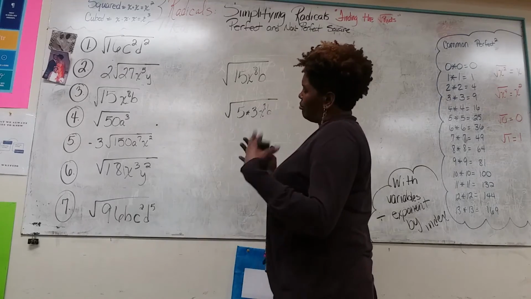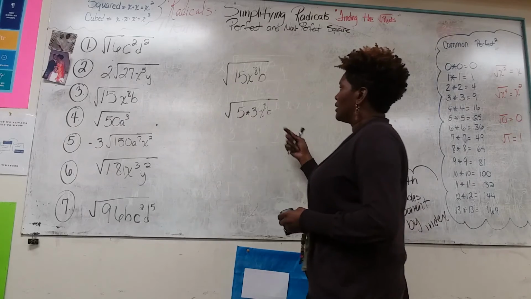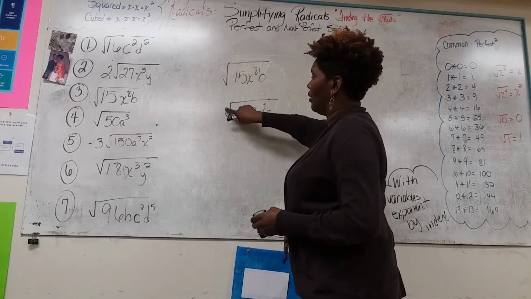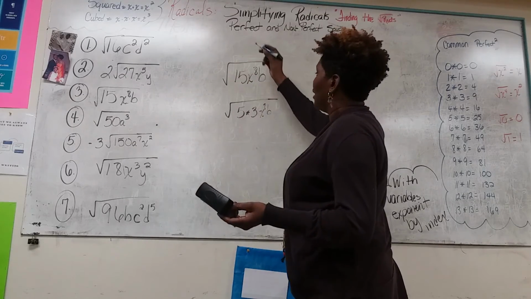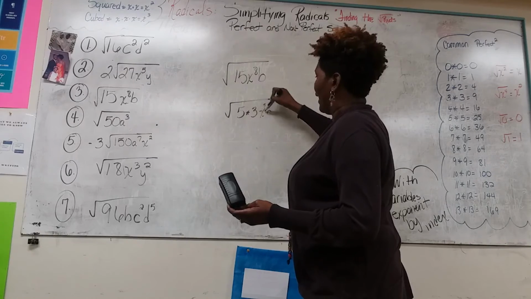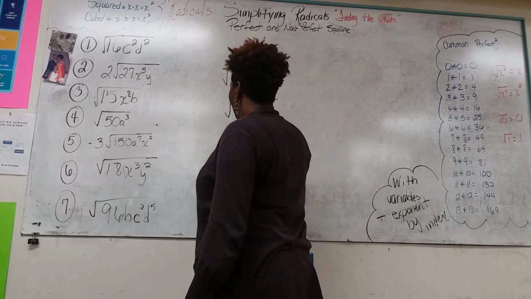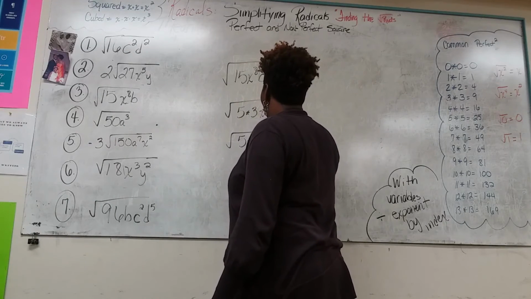I'm just taking my time and writing it out step by step. Honestly, I could have said, when we don't have a number right there, the index is automatically 2. I could say what's 8 divided by 2 right here and be done. But I'm not. I'm gonna take my time and write it out.